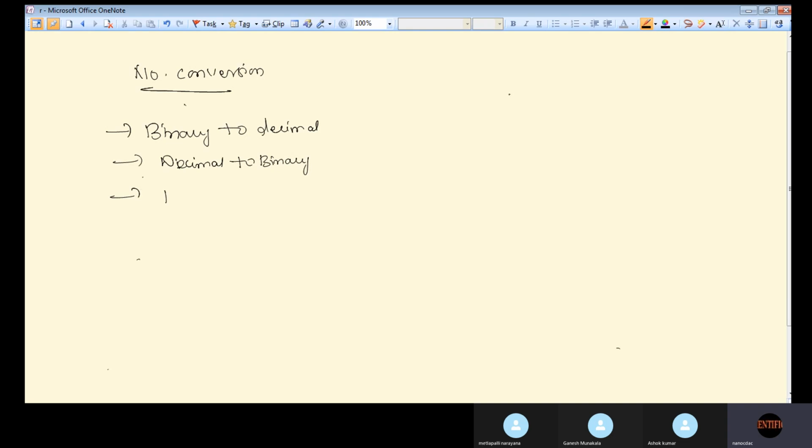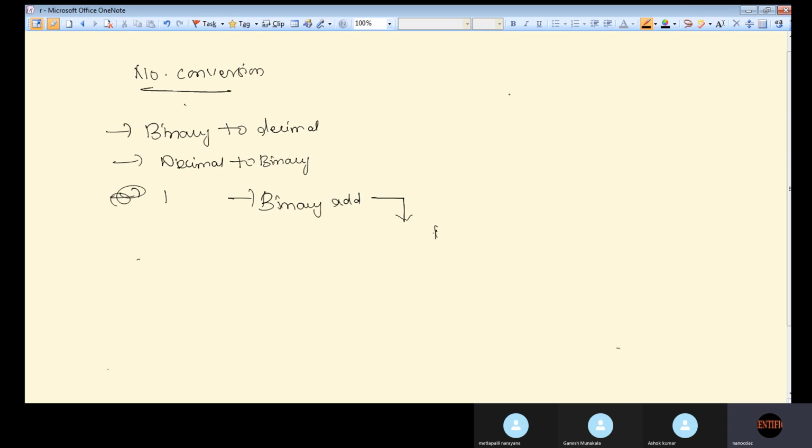Then octal to hexa, hexa to octal, all these things we have done. After binary to decimal and decimal to binary conversion, we have seen addition, binary addition. So we all know binary addition. Simply you can perform the addition.